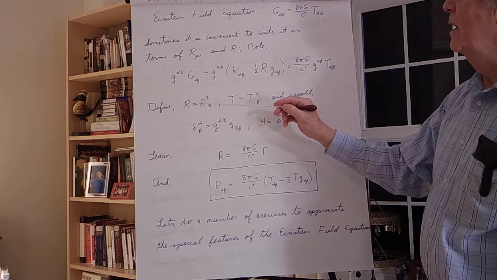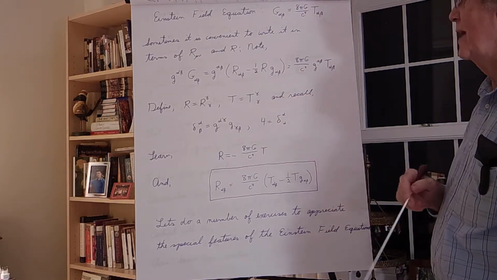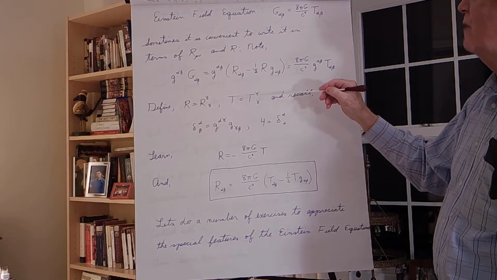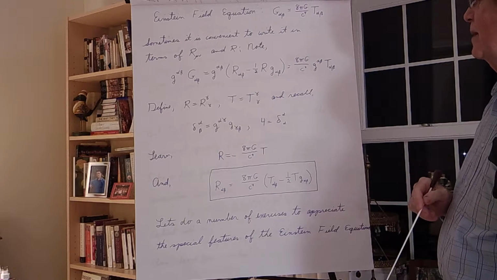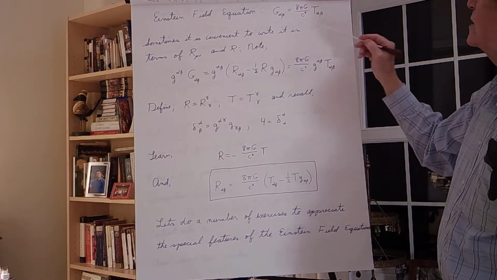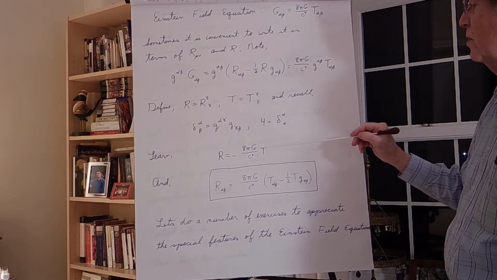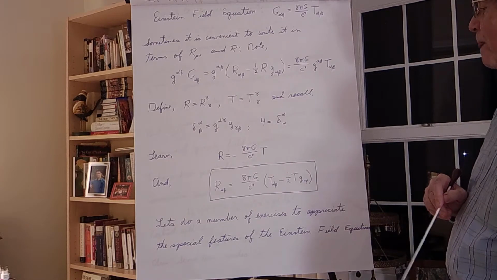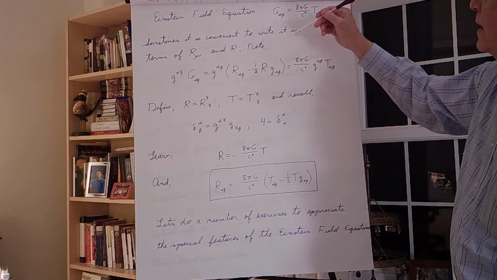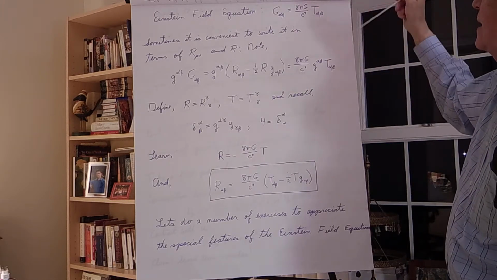If I define the Ricci scalar as a contraction of the Ricci tensor, and define the energy momentum trace as the trace of the energy momentum tensor and write this out, I see that a consequence of the Einstein equations is that the Ricci scalar is proportional to the trace of the energy momentum tensor.